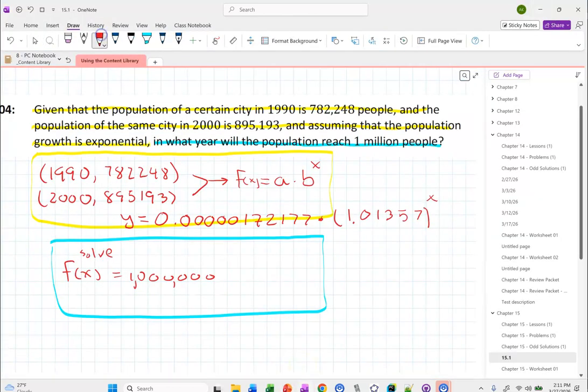So I would answer then, during the year 2008. Everybody's okay? If it said, at the beginning of what year is the population at least 1 million?